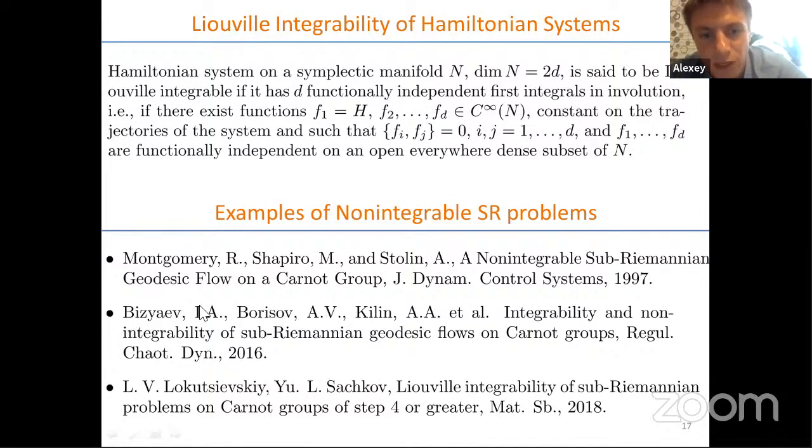Also, there are some numerical experiments of Carnot groups with growth vectors (2, 3, 14), (2, 3, 8), and (2, 3, 5, 8), and they showed that non-integrability is present. But in this work of Lev Lokutsievskiy and Yuri Sachkov, they showed that all the Carnot groups of step 4 and higher already are not Liouville integrable, so there is a chaotic behavior.